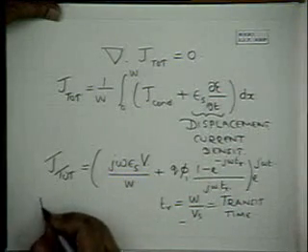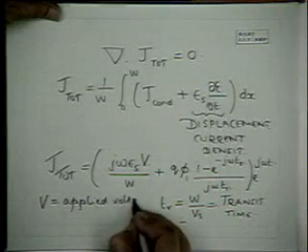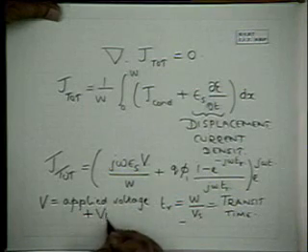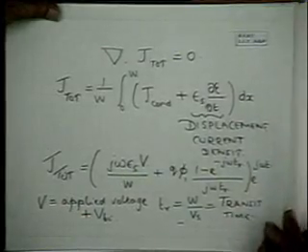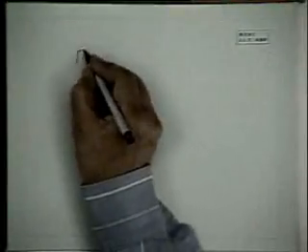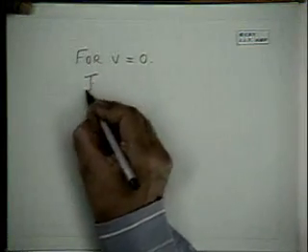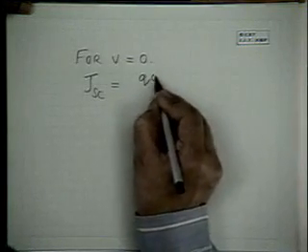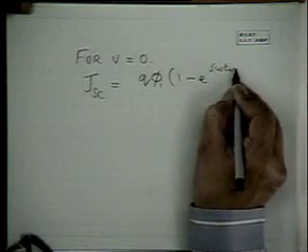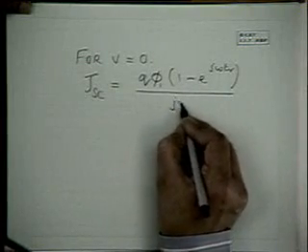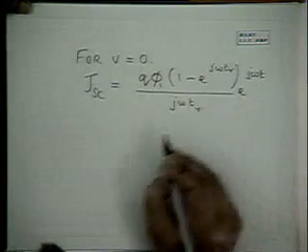And V is the applied voltage plus the built-in potential VBI. Now we can take the condition where V is equal to 0, or it's relatively small, so the short circuit current in that case, JSC, is Q phi 1 times 1 minus e to the power j omega tr over j omega tr, at the modulation frequency.